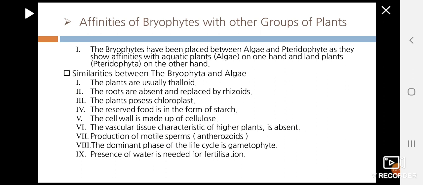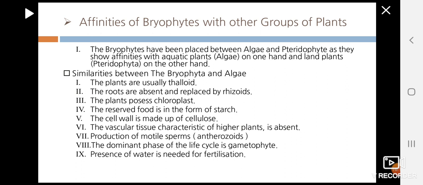Now we'll discuss the similarities between bryophytes and algae. Both have a thalloid body, and roots are absent, but rhizoids are present in both of them. Plants possess chloroplasts, so both of them have an autotrophic mode of nutrition. The food is reserved in the form of starch.